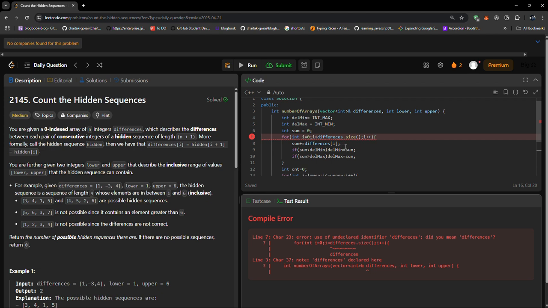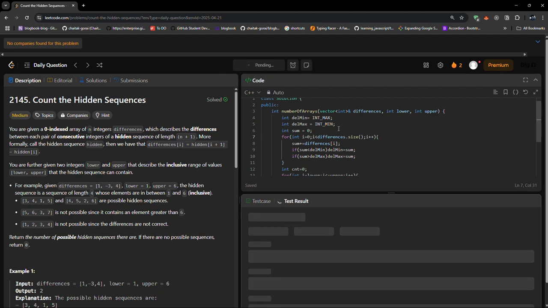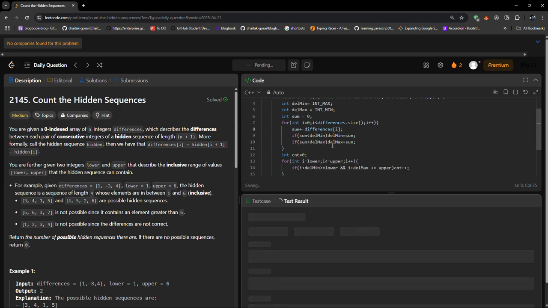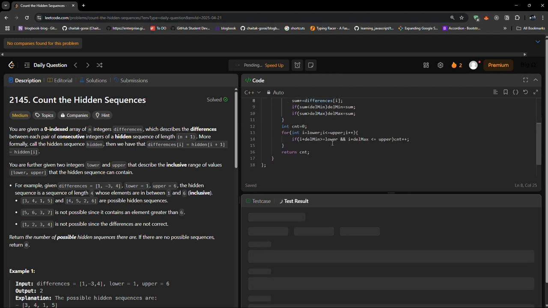So if we try to run this code, okay, there is a name missing, sorry. Again I have missed the name. I think it is fine now.